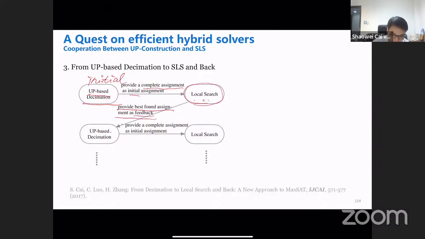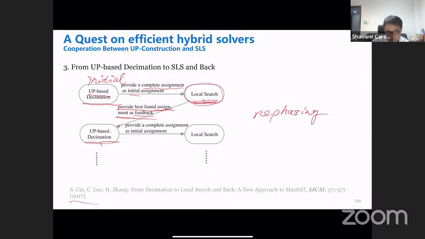And in the second round, in generating an initial assignment, we can refer to this assignment from local search as a heuristic guide to the decision of the variables here. So this actually is more like the rephasing in CDCL, but maybe we consider it in a different way.